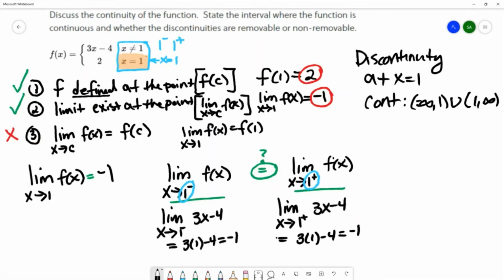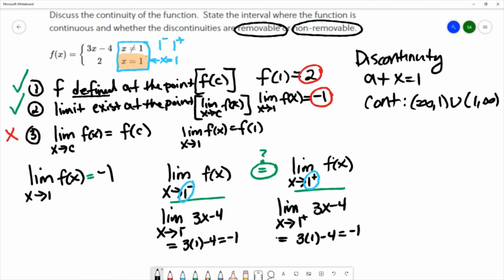So we have that one discontinuity, and the last thing we need to do here is decide if that discontinuity is a removable or non-removable discontinuity. So we want to remember the difference between these two.